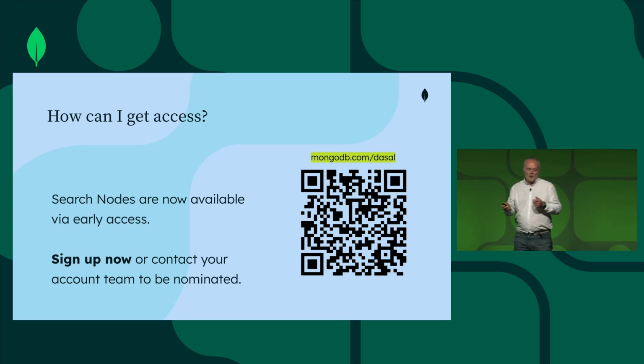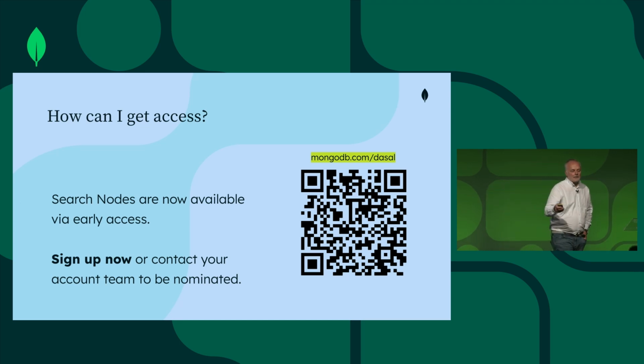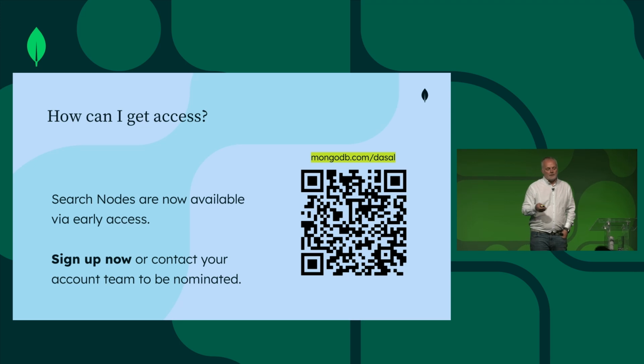Or if you've got an account team that's already assigned to your company, you can speak to them and they can hook you up. And then complete that form and you will get the opportunity to join the program, try out the search nodes, and most importantly, give us feedback. Because the reason we have these early access programs is so we can learn from your experiences.